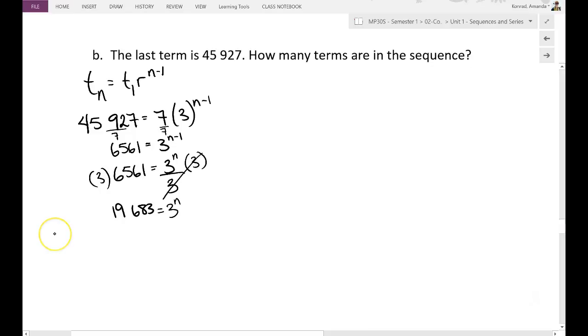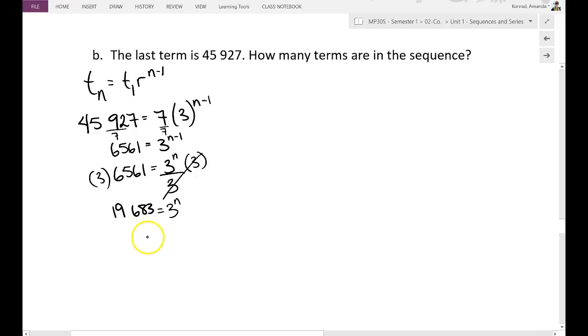So take a second, grab your calculator, pause the video, and start typing in 19,683 divided by 3. Now depending on how your calculator works, you can keep hitting the equal sign and just keep track. How many times do you press that equal sign until the value that shows up on your screen is 1? That is going to be your n value.